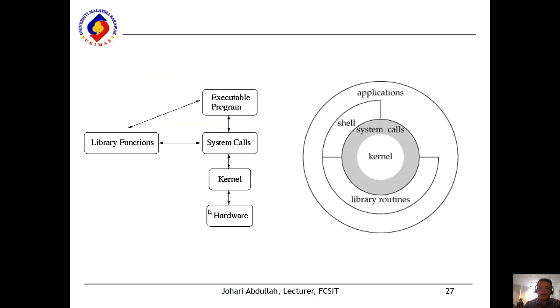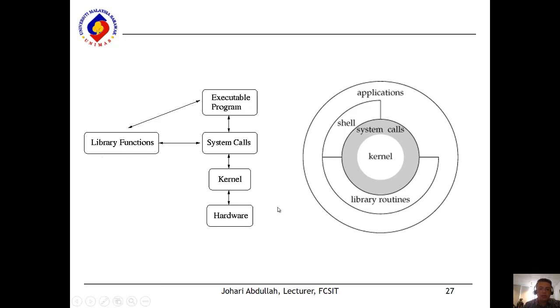So again, here is another illustration of the whole thing. We have the kernel in the middle. We have the system call, which is a function invocation from the user space up here into the kernel to request resources or services. The resources or services are actually the hardware and so on.